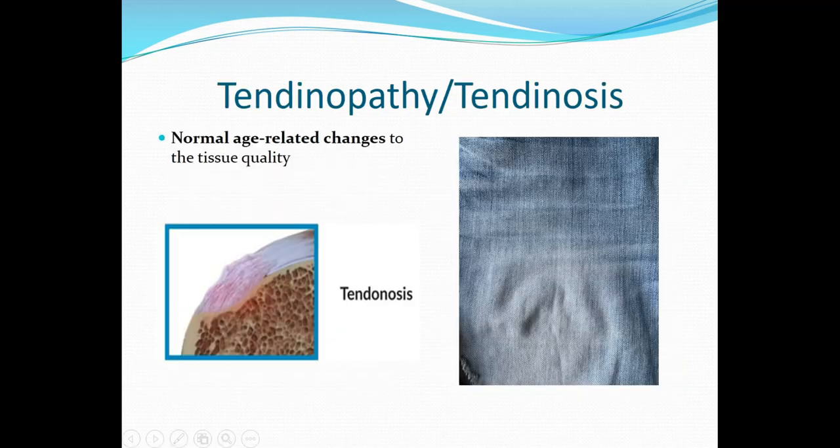Next, we'll talk about some common terms used to describe changes to the rotator cuff. Tendinopathy or tendinosis refers to a degeneration of the tendon's collagen fibers. This is a normal age-related change in the tissue quality. You can think of a pair of jeans where the quality of the denim is getting thinner at the knee. This would be an example of tendinosis.